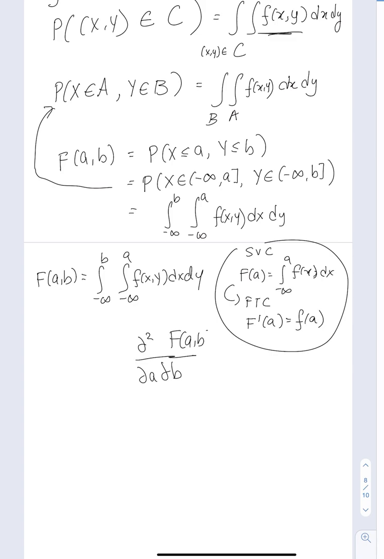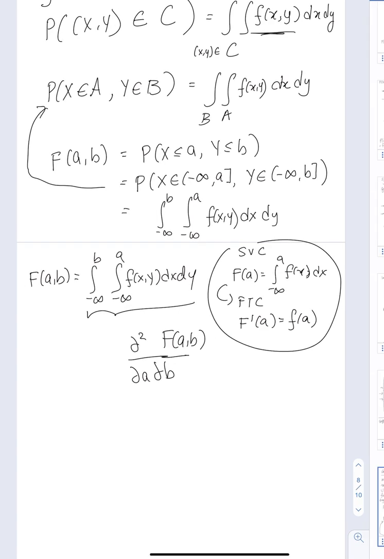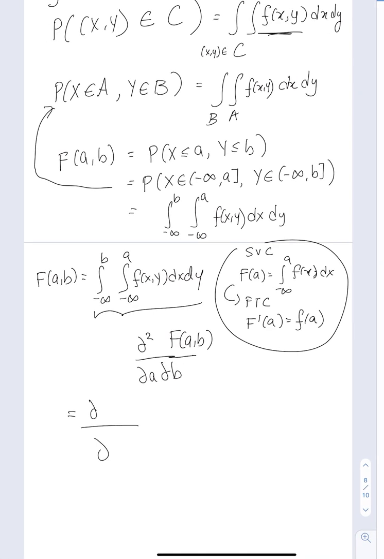Just like you had seen in Calc 3, this will be the partial with respect to a of the partial with respect to b of the integral from minus infinity to b, integral from minus infinity to a, of f of x comma y dx dy.